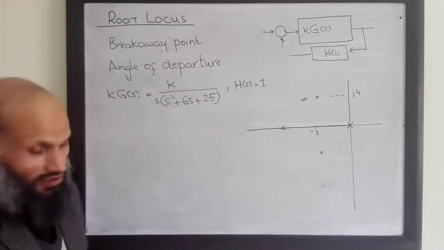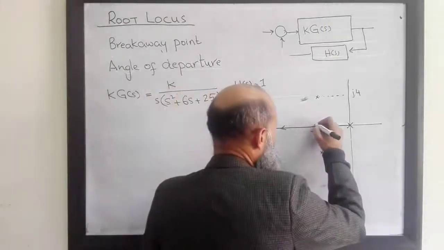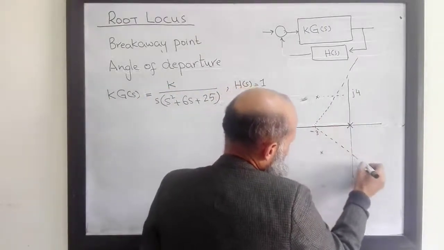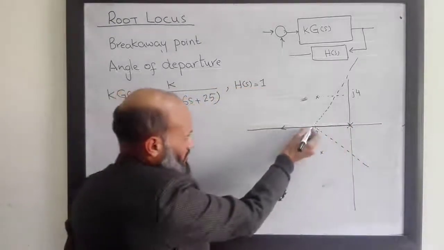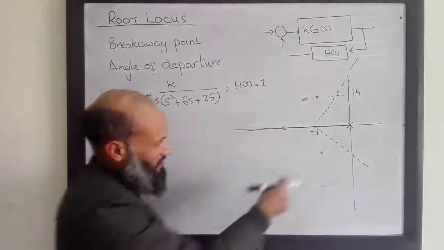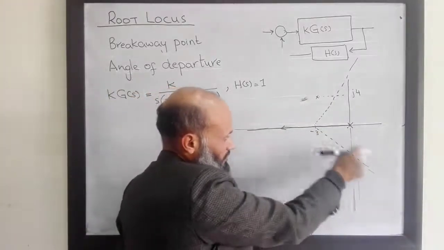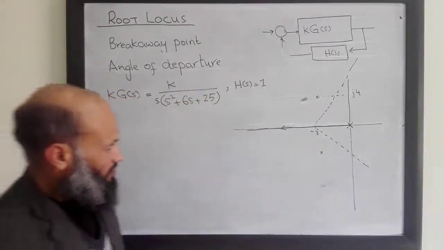We have already discussed how to find those asymptotic lines. So these are the asymptotic lines. Root locus, which started from this pole, became parallel to this third asymptotic line. Root locus which started from these two poles will become parallel to these two asymptotic lines.